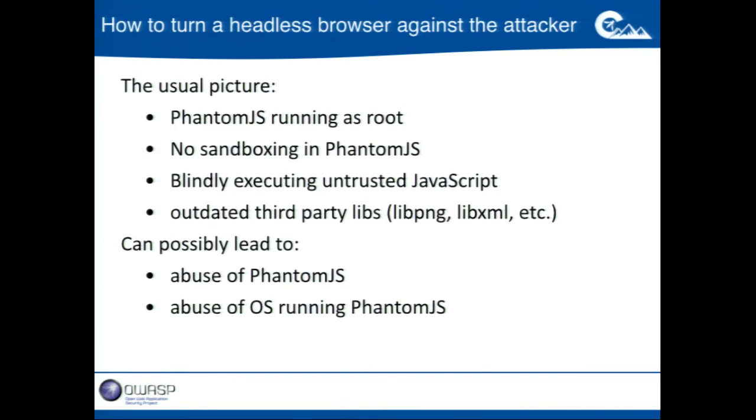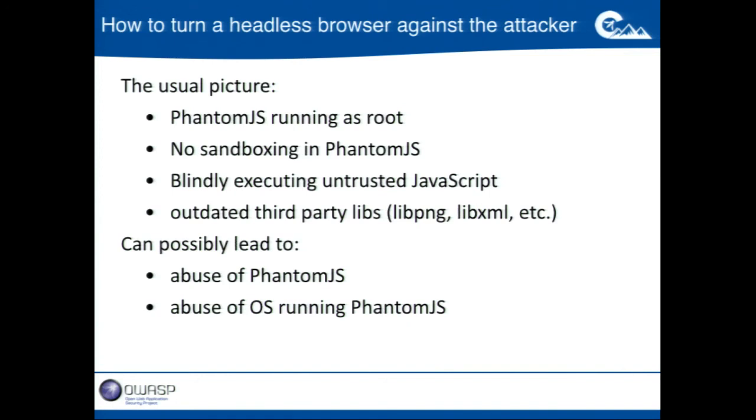Once you figure out that a user agent that visits your website is an unwanted Phantom.js instance, normally most people are running Phantom.js as the same user as their shell, which is dangerous. There's no sandboxing, and all the pages that you open in Phantom.js run in the same process space, not like in a browser's own process space.